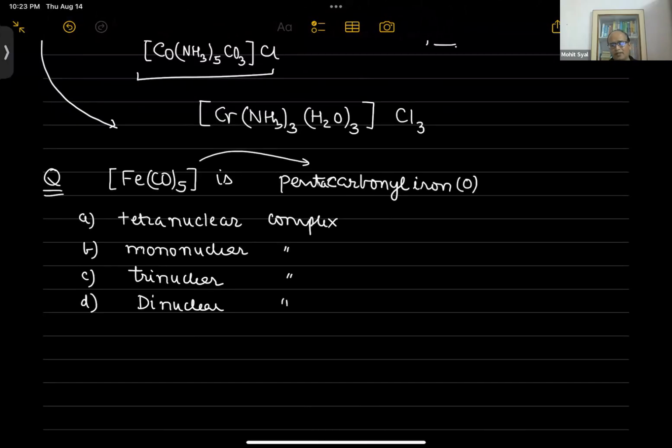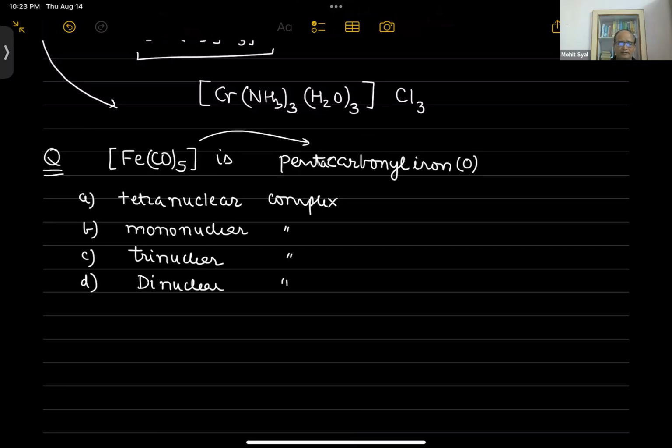So this mononuclear, dinuclear, trinuclear, tetranuclear, it refers to, listen to me very carefully, the number of metal ions in a complex.